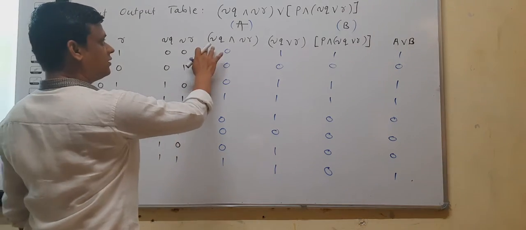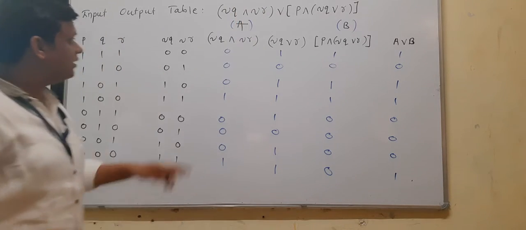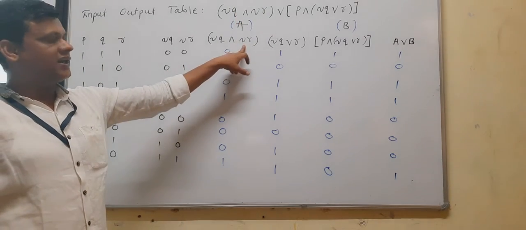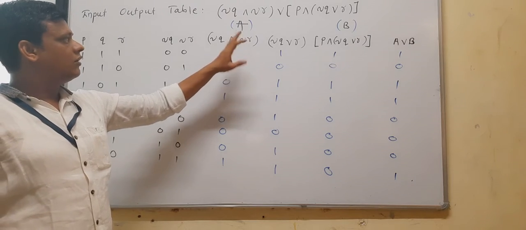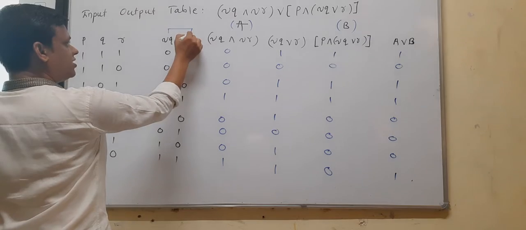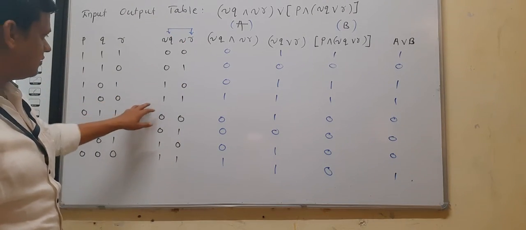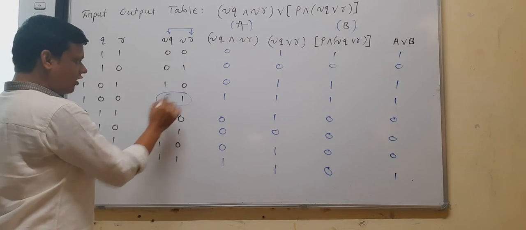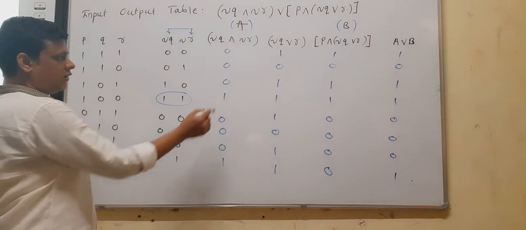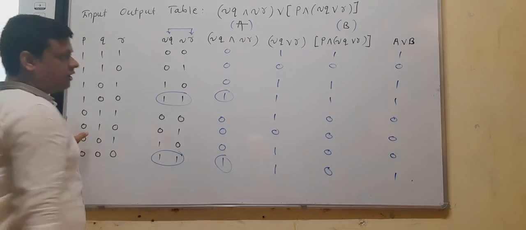Now we have to take the conjunction between negation Q and negation R. We know the rule for conjunction: if both the statements are of value 1, then we get result 1, otherwise 0.